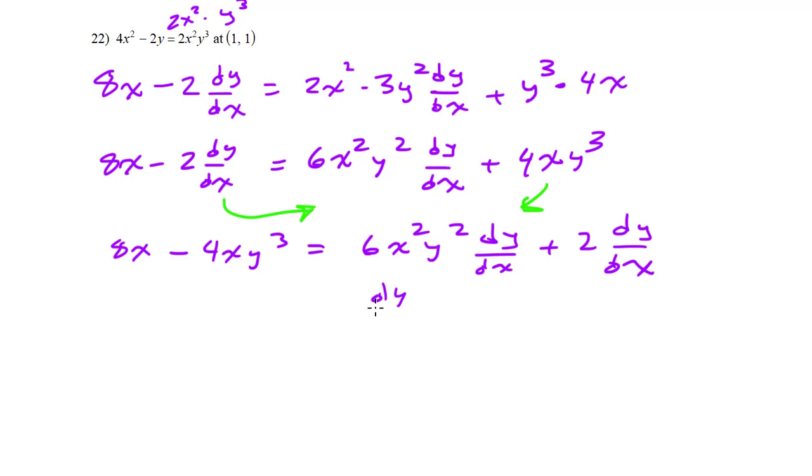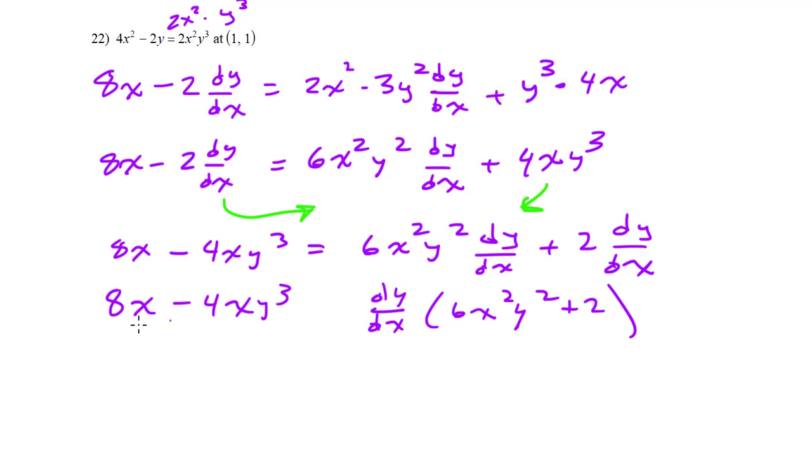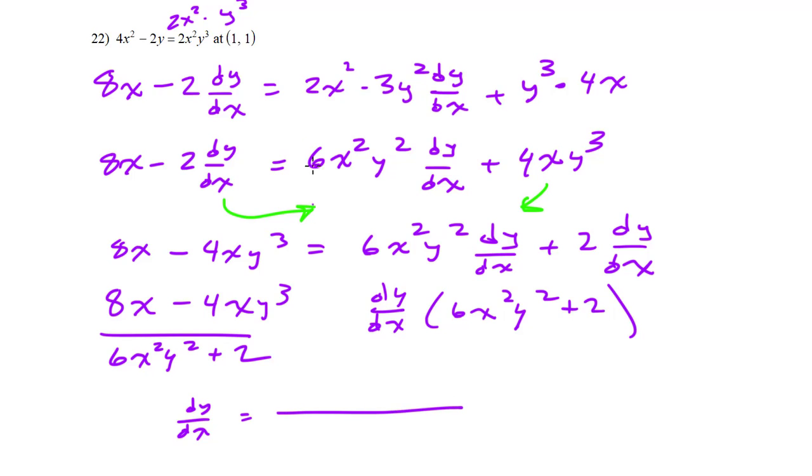We're going to have dy dx and 6x squared y squared plus 2. Over here, 8x minus 4xy cubed. Divide both sides by the 6x squared y squared plus 2. And that's going to be our dy dx. So plug in. Here, x is 1 and y is 1.